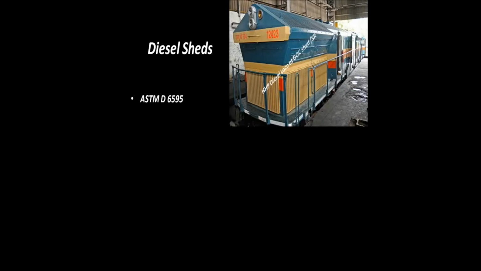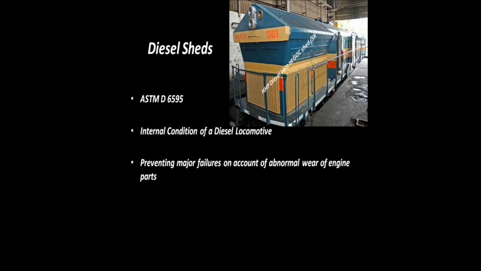Thus, we see that the analysis gives valuable information regarding the internal condition of a diesel locomotive and helps in predicting required maintenance for preventing the occurrence of major failures on account of abnormal wear of engine parts. Spectrometric analysis can also be used for a similar analysis of fuel oil used in diesel locomotives.